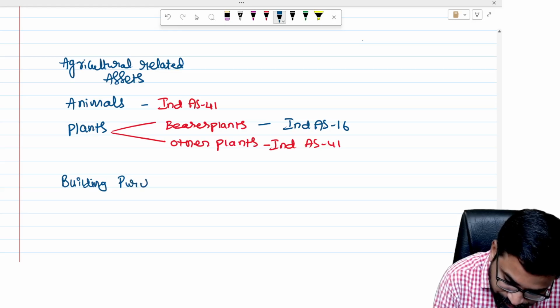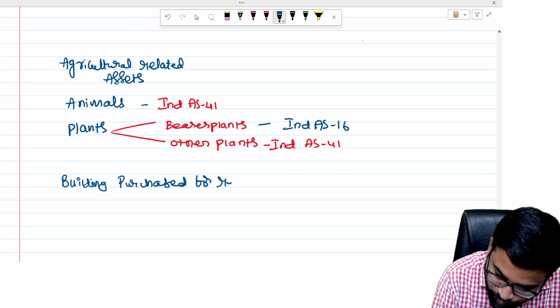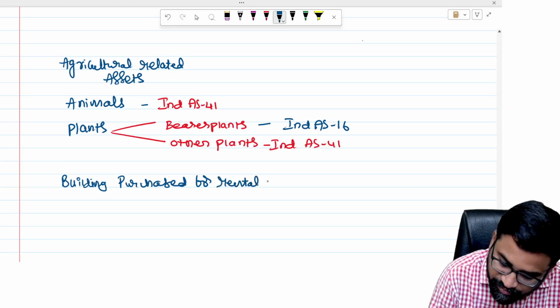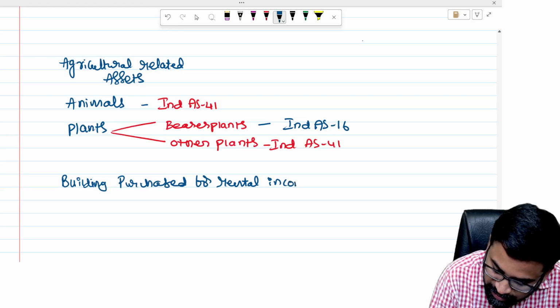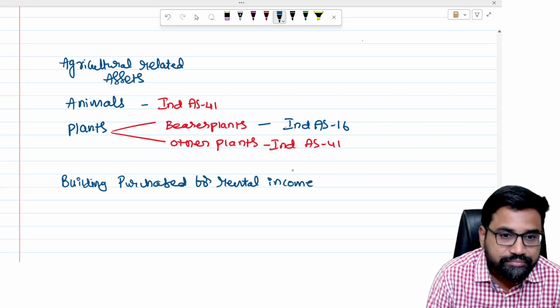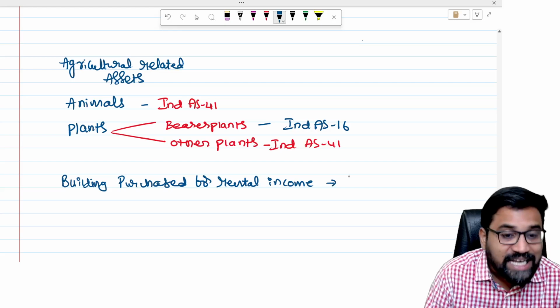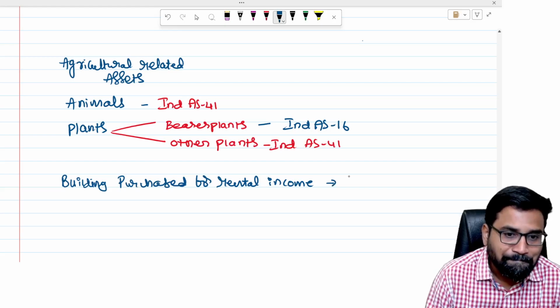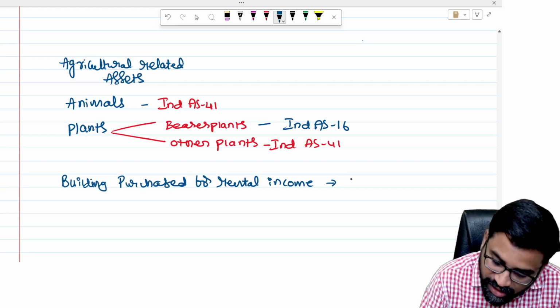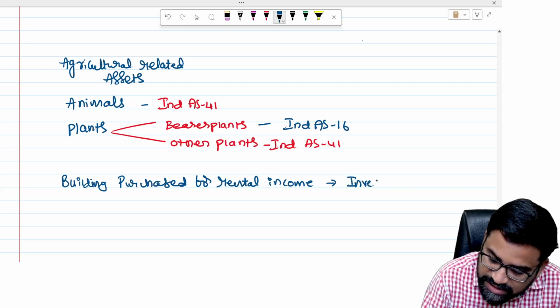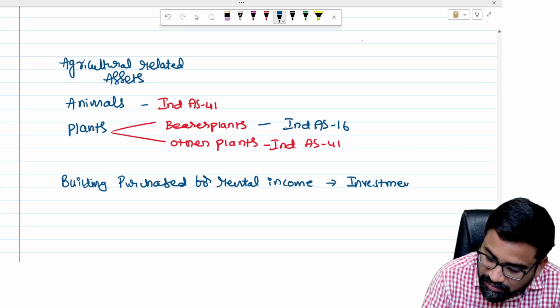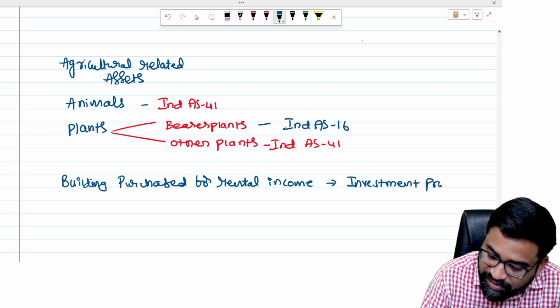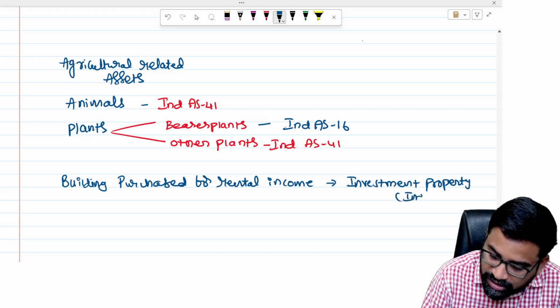We invested in a building for rental income. Is it satisfying the definition of PPE? Yes. And it is generally called investment property. Which standard do we apply? IND AS 40. There is a separate standard for investment property, and we follow that.